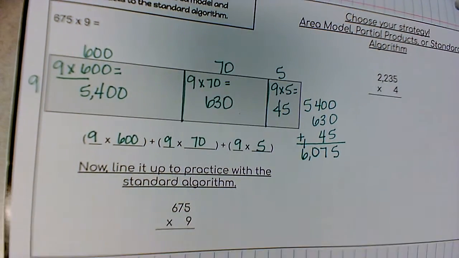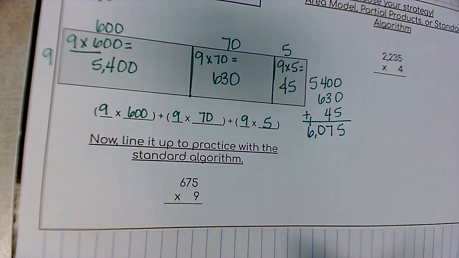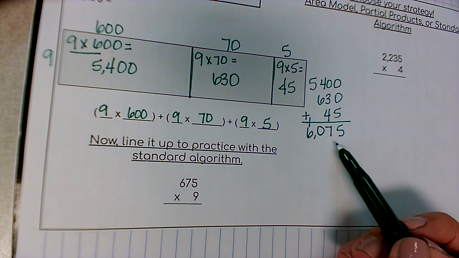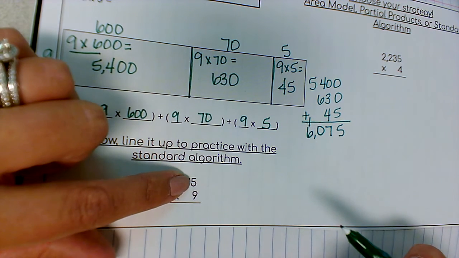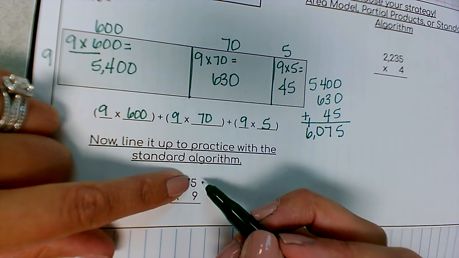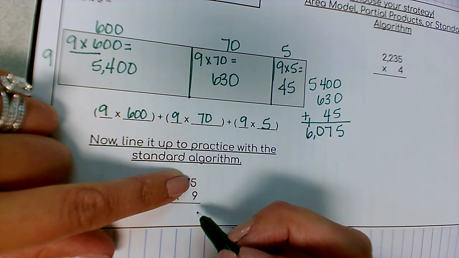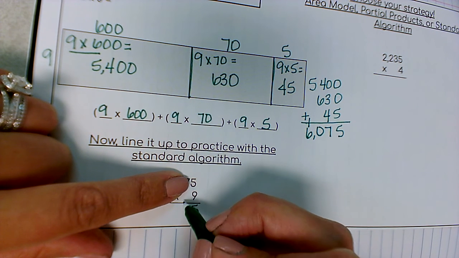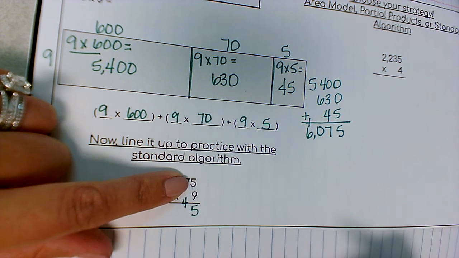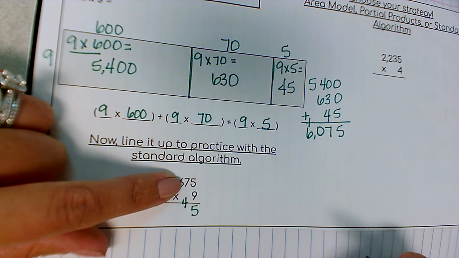Now we're going to practice that standard algorithm again, and my hope is that this is the answer that we get. So I'm going to look just at the ones place first, and I know 9 times 5, and that's 45. So I'll write my 5, and I regroup that 4 into the tens place.